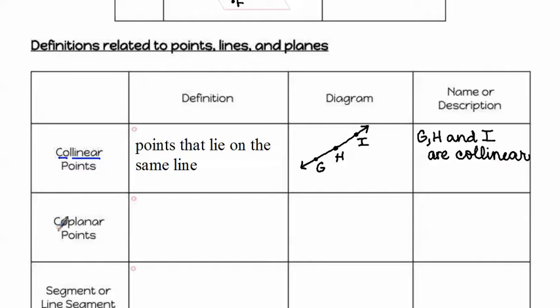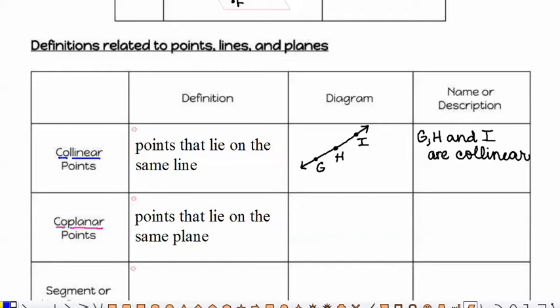All right, now given that, let's talk about coplanar. Remember, co means to share or have in common. Planar indicating that we're on a plane. So here we have points on the same plane. Very similar definition, just changing our line into a plane. So when it comes to our diagram, we're going to start the same way we did a plane before with a parallelogram.